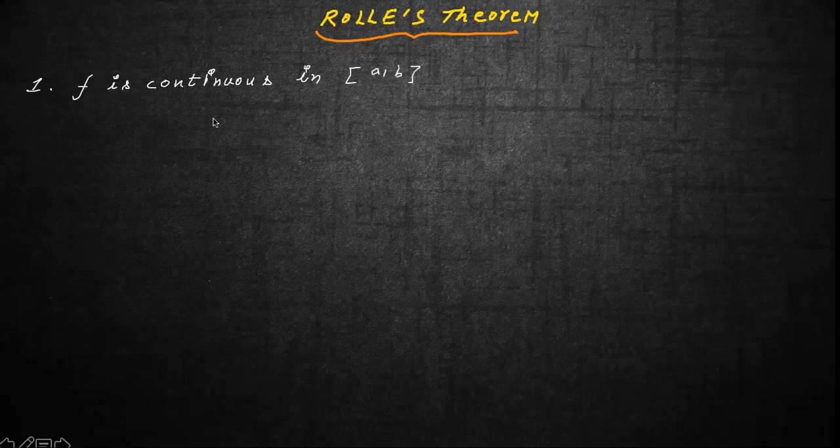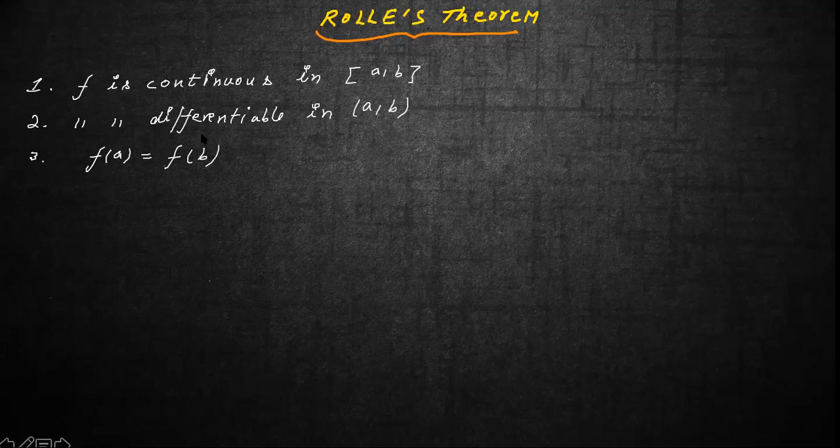This is the first condition. Second is the function f is differentiable in the open interval a to b. And the third condition is the boundary values should be same, that is f of a equals f of b. So if we have a function which follows these three conditions, then we can apply the Rolle's theorem.